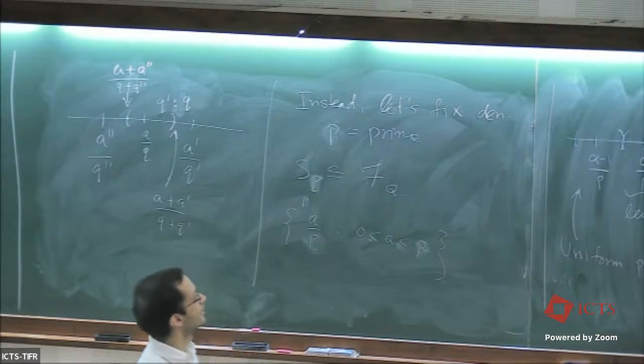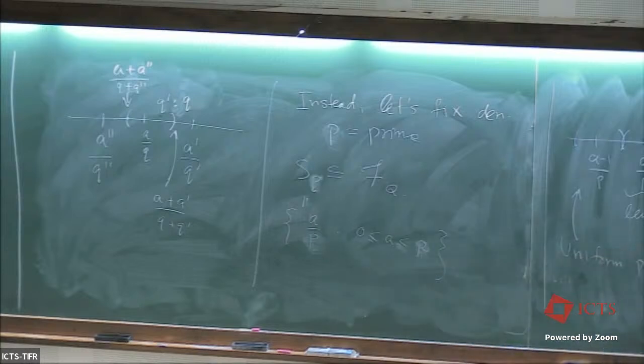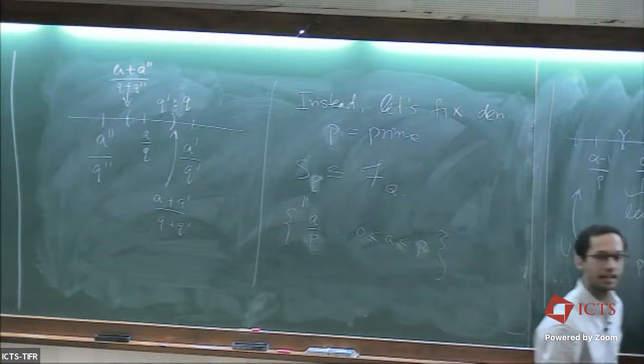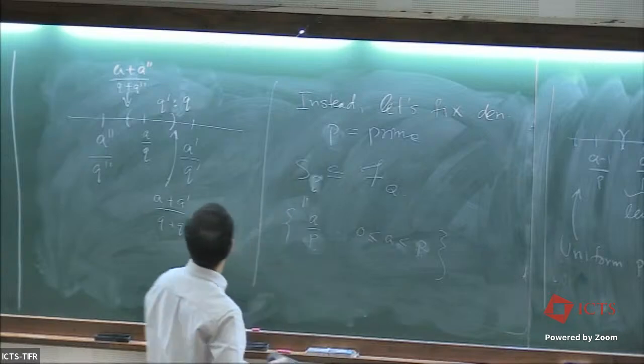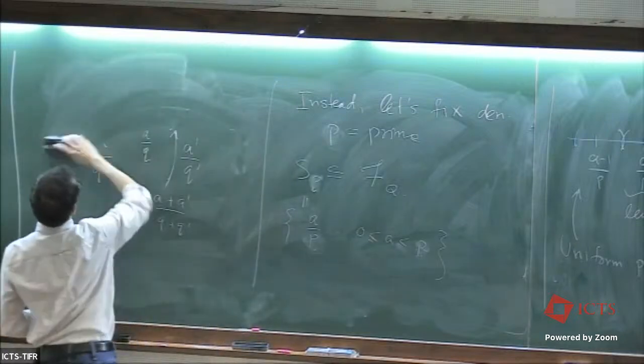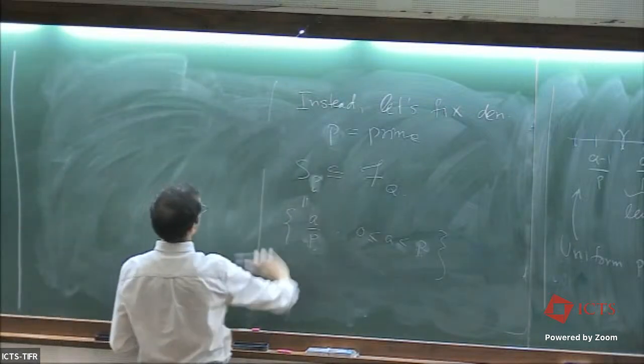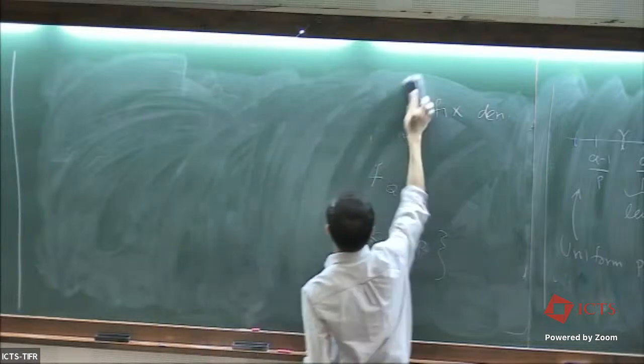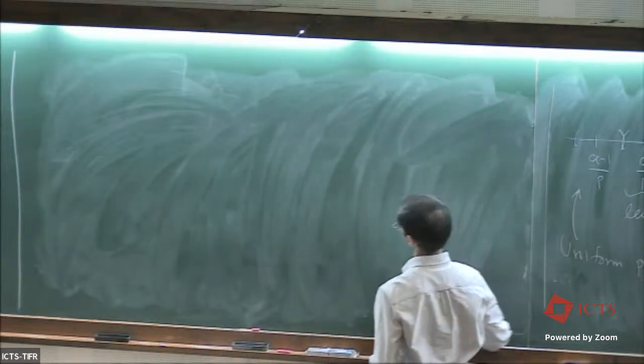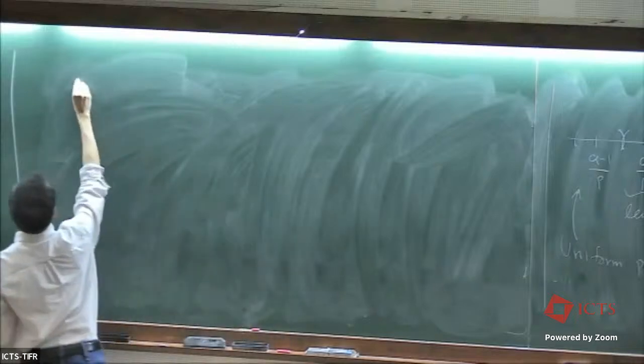I just want to write down the setup of the problem so that the next time we can take it up from there. What we will be looking at is the L function.